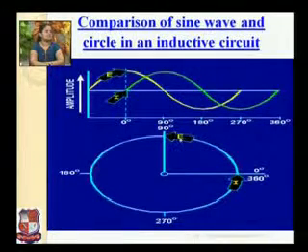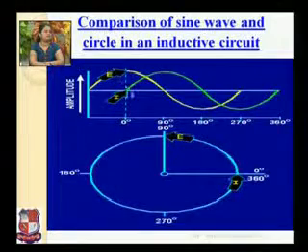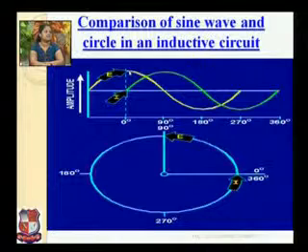So this is the comparison of sine wave and circle in an inductive circuit. As shown in an alternating quantity form or a vector form, you can identify the phase difference between these two is 90. Same way for these two it is 90 degree.